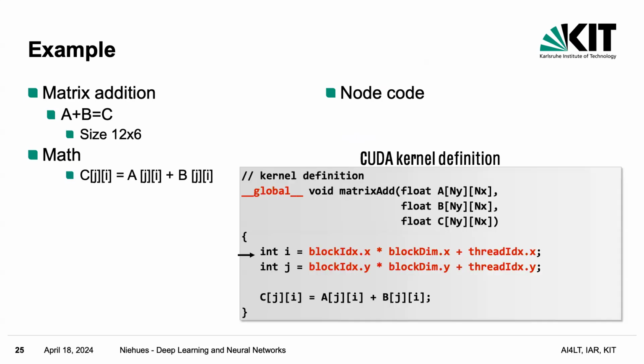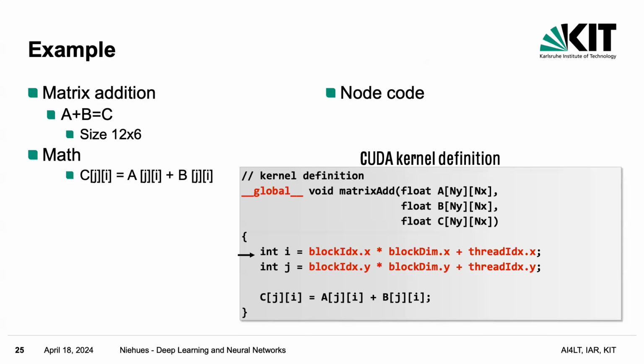If you really want to see the code, this is an example of that. So this is CUDA code. You're defining your kernel, which is a matrix addition. What it gets as input is these three arrays where your input is and where the output would be.